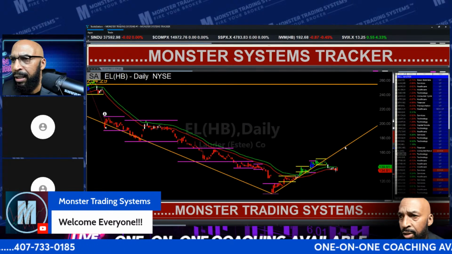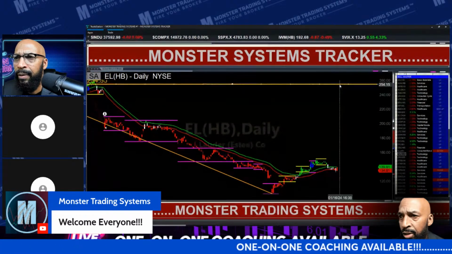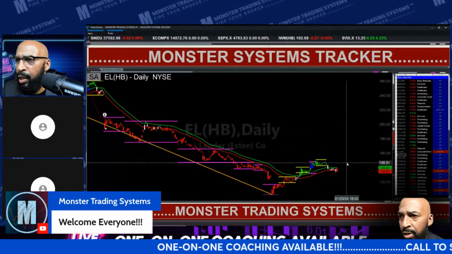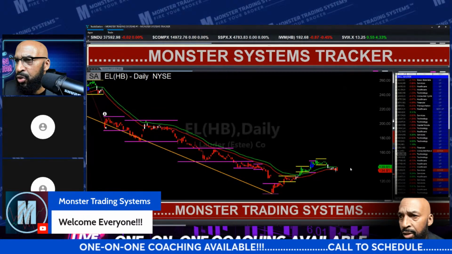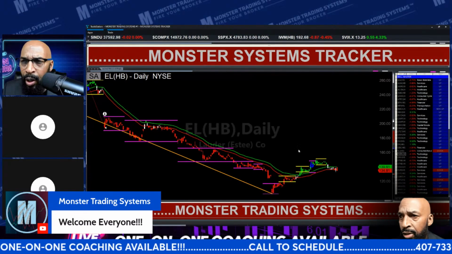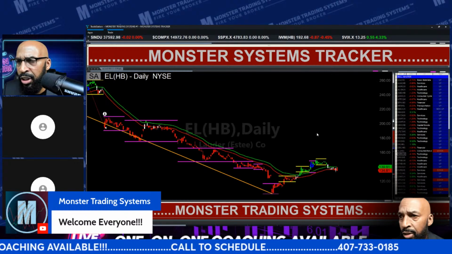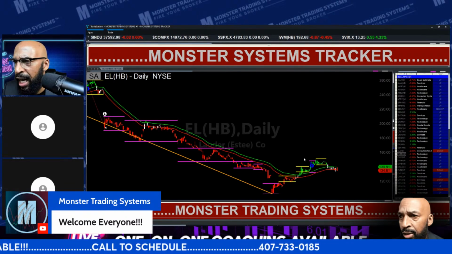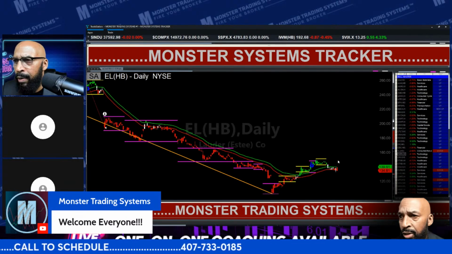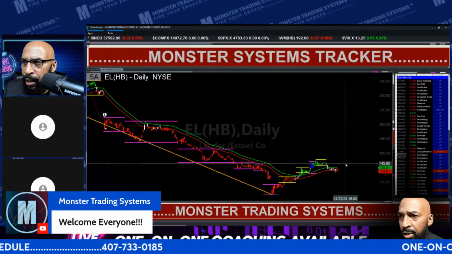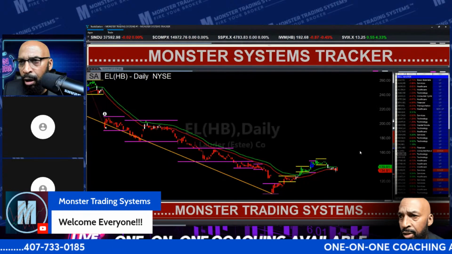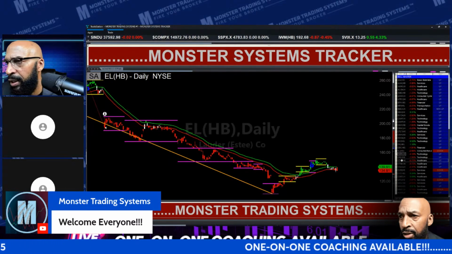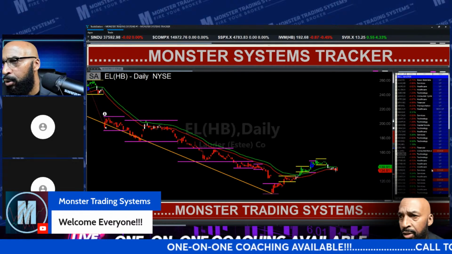A red candle came in. Buy signal was at 146. Now this is Bull Master, so these are large cap stocks. That's expensive for us, 145, but you could trade call options, but not on this one here. So EL, close the trade, please.